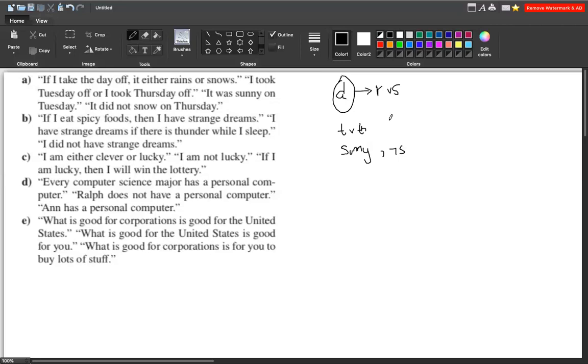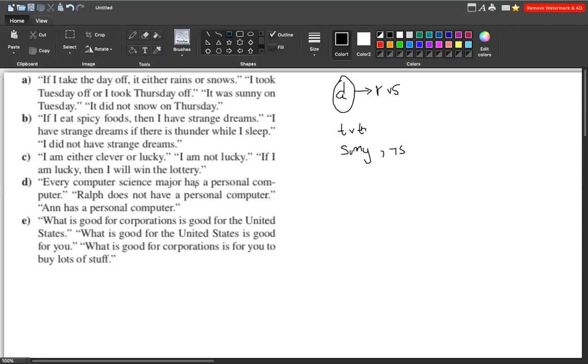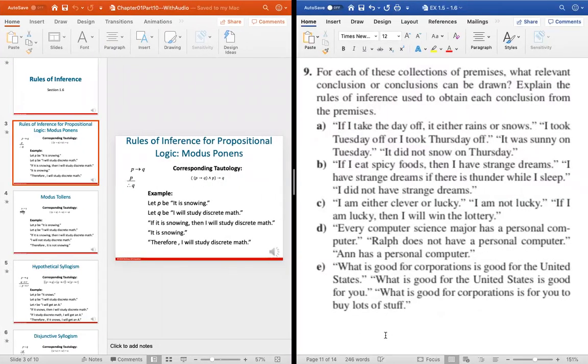So basically, from this, what we can conclude for part A is that I did not take Tuesday off, because on Tuesday it was sunny, right?